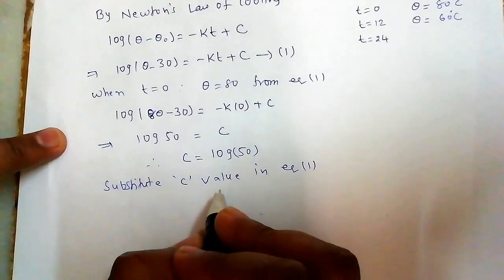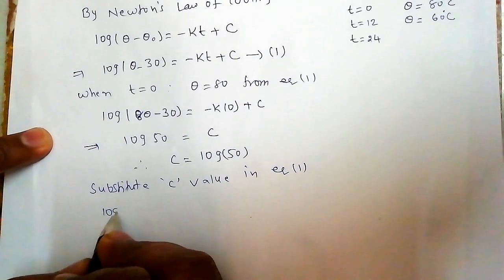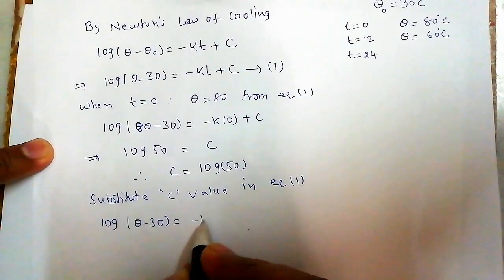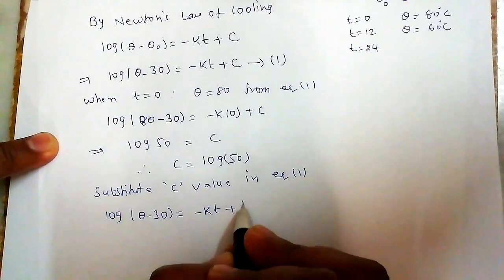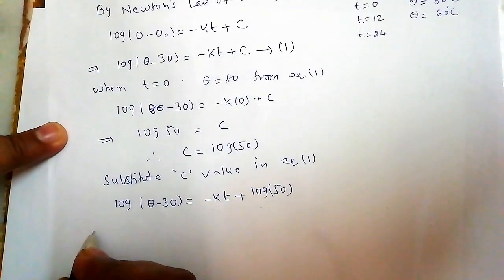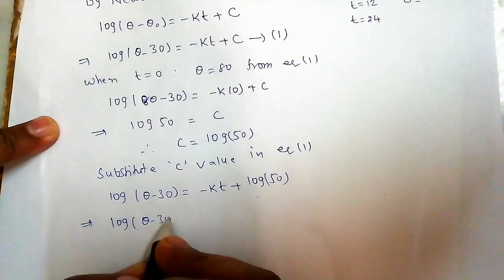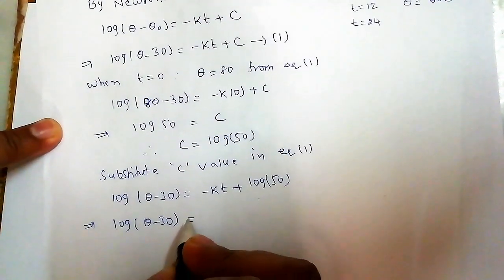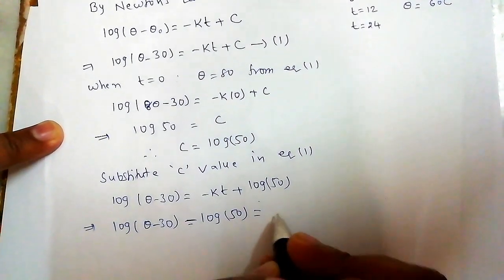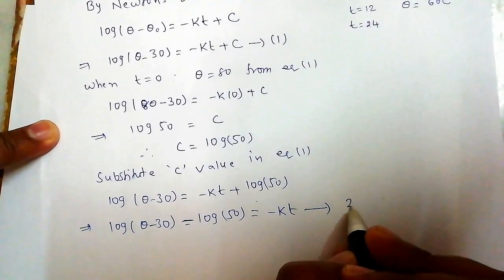So substituting the c value in equation 1, I get log of theta minus 30 equals minus kt plus log 50. Bringing this log 50 to the left side, log of theta minus 30 minus log 50 equals minus kt. Now this is equation number 2.